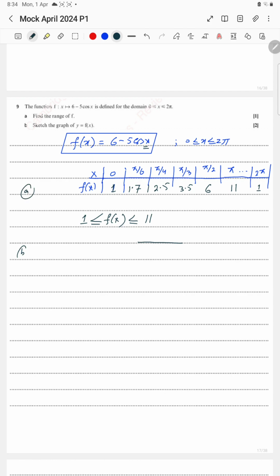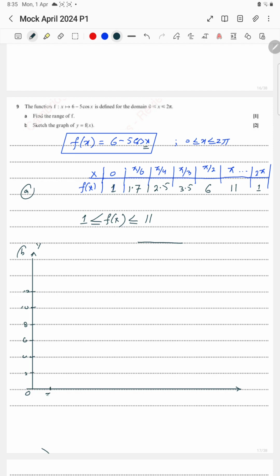For the same table we can sketch it, like this. Here angles, here we can take the function y, and suppose this is 1, 2, 3, 4, 6, 8, 10, 12, and here is 0.